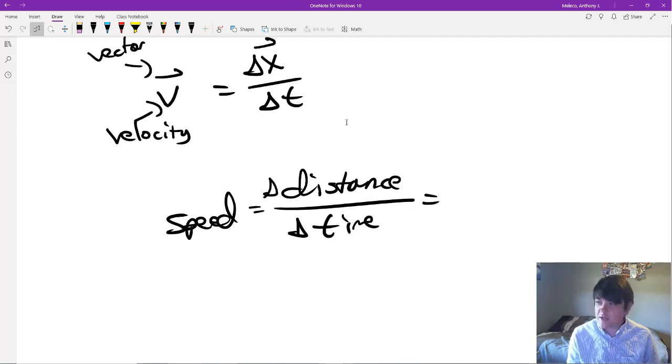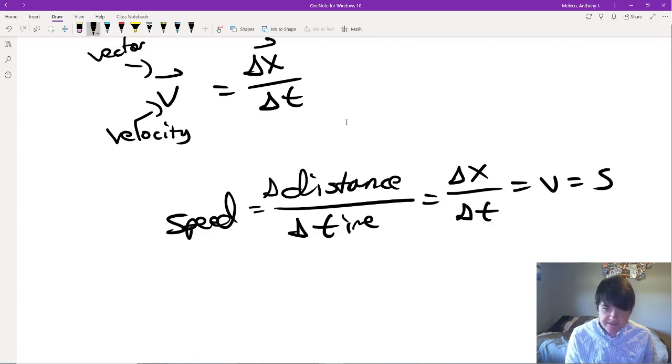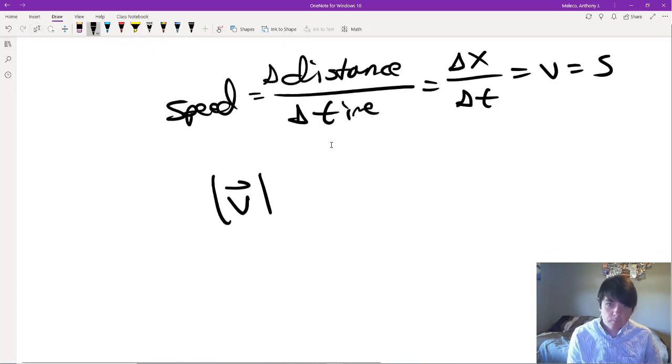And distance, remember, was either d or just x. Okay, notice no arrow. All right. You'll see v, you'll see s oftentimes. Okay, there's multiple ways to represent this, but if you were to write this also, you can use, again, absolute value bars.